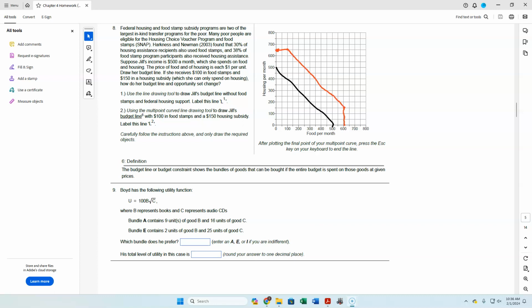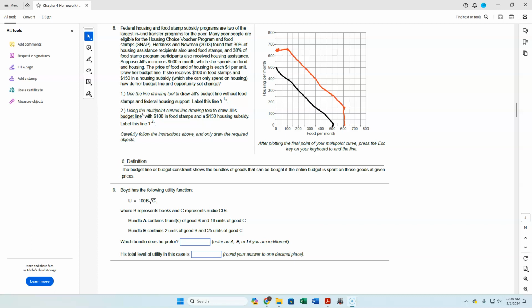All right, so what happens is that now with her additional foods, so with food stamps, it'd go from 500 to 600, but she has to spend at least 150 on food, or sorry, on housing. And then over here, what you see is that she has the $150 food allowance, or housing allowance, and she has to spend at least $100 in food.